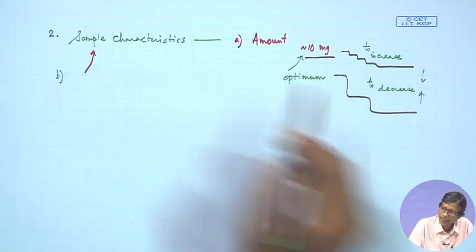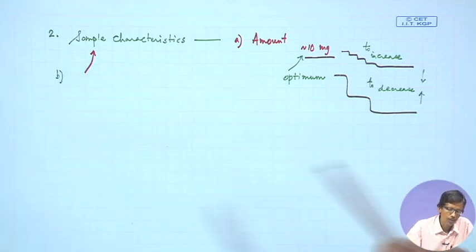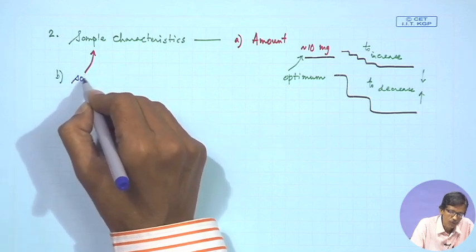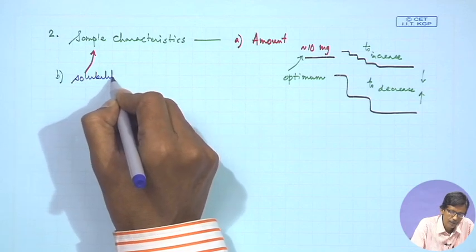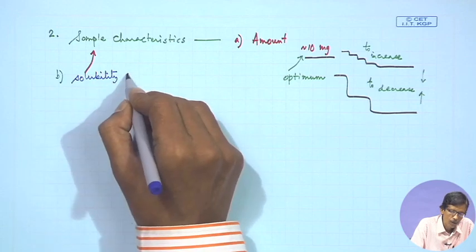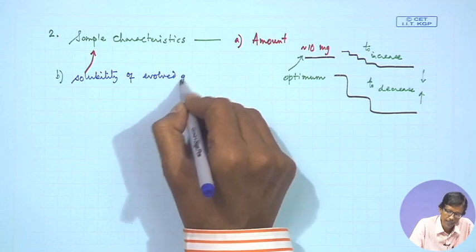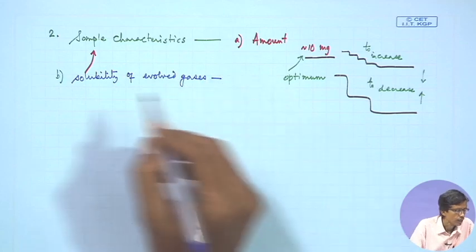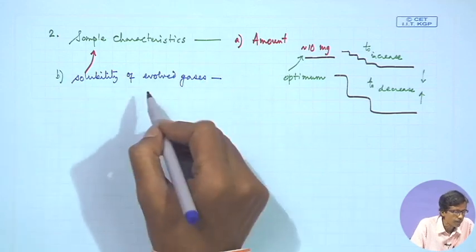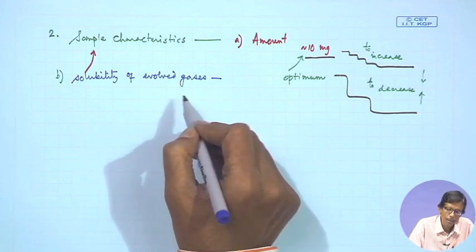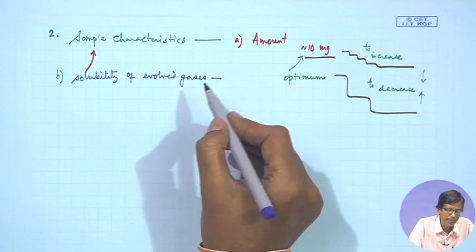Then in the next precaution, what we can see is the solubility of evolved gases, because that is a serious problem if the gas which is coming out is soluble in the melt or the product we are getting.